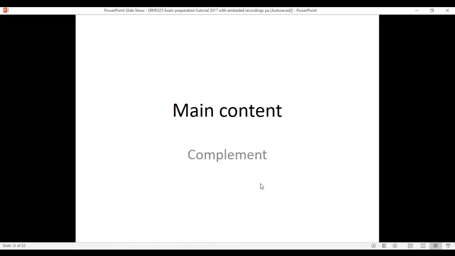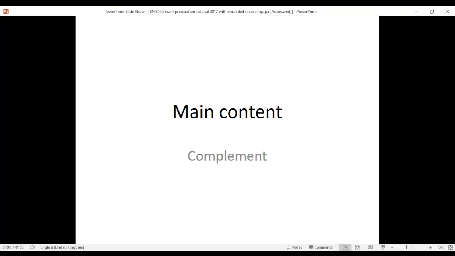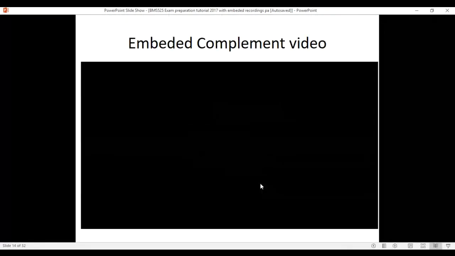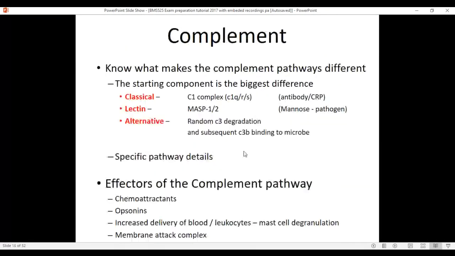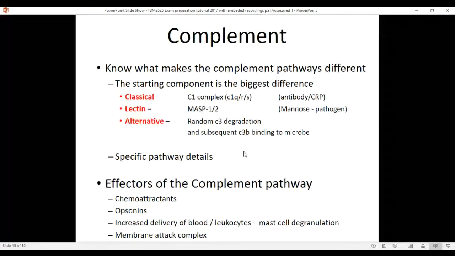Now, moving on to the main content. Okay, so there's an embedded video in this presentation which will be provided on the Blackboard Learn.